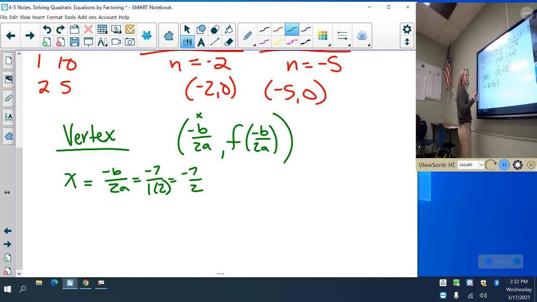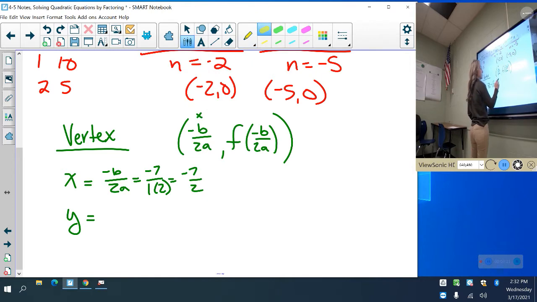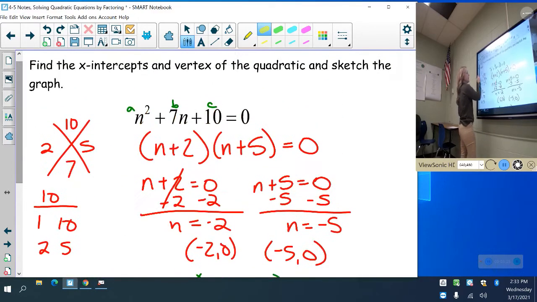Now, you can change that to a decimal since we do have to graph it. However, in order to solve the second part, I want to probably leave that as is. Then for y, I'm going to take that answer from my x value and plug it into my original equation for every variable.